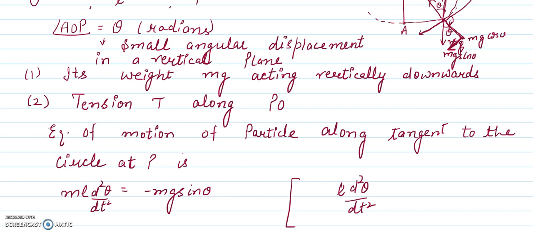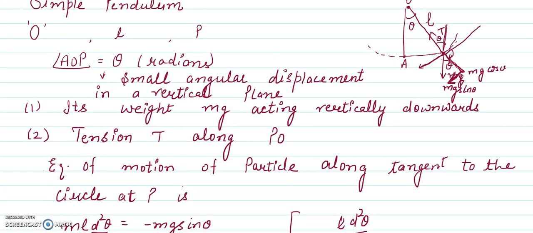The particle starts from here, at any time it reaches B, it oscillates in a vertical circle. Suppose these are the two extreme points to which the particle can go. So the particle starts oscillating between these two points B and B dash. A force always accelerates the particle towards A, that is towards the mean position.